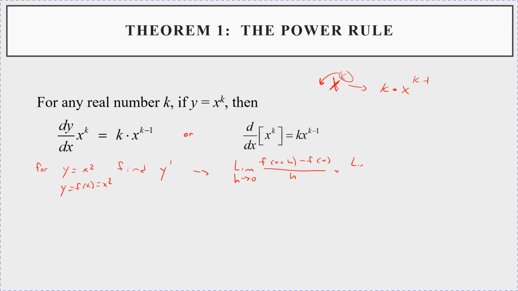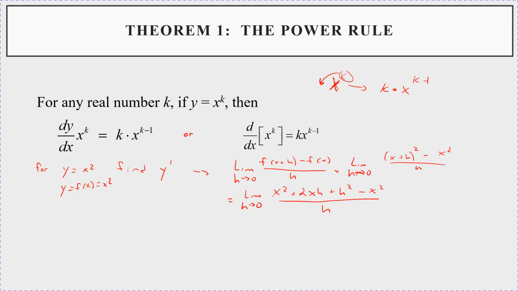So the limit as h goes to 0, I'm finding it for x squared, of x plus h squared minus x squared all over h. If you FOIL this out, you'd get x squared plus 2xh plus h squared minus x squared over h.